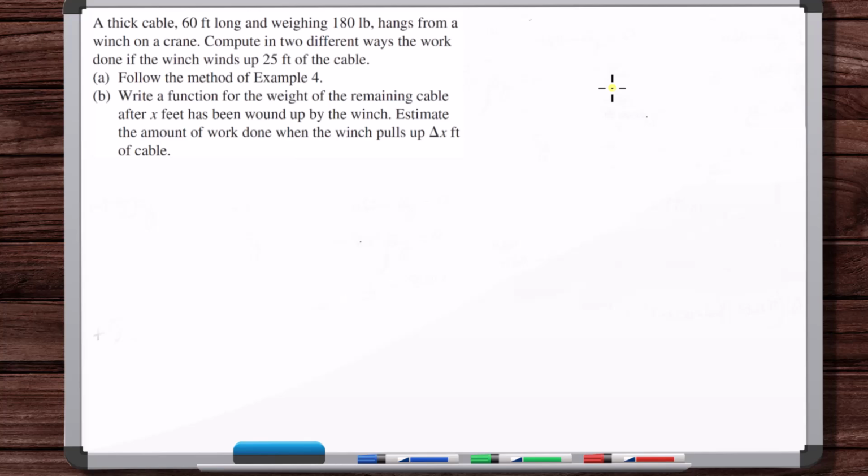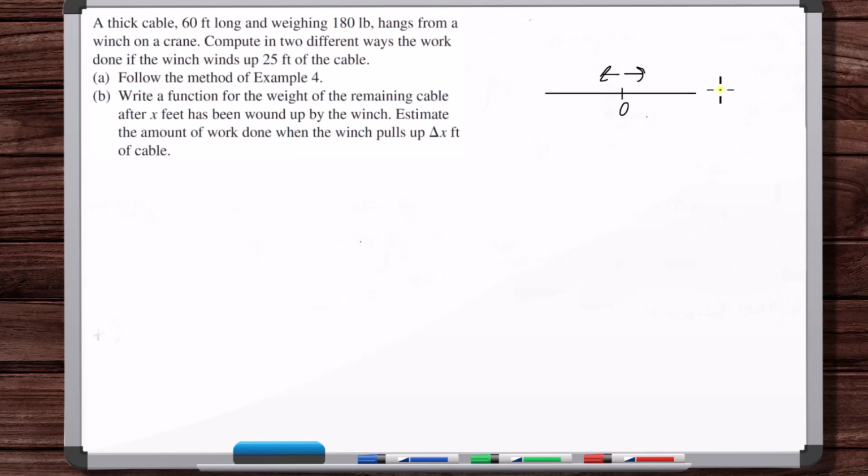But here in single variable calculus, we're looking at simplified cases where it's one-dimensional. So we're going to have just motion along a straight line. And along a straight line, you have the positive direction or the negative direction. A lot of times we're only going to consider the positive direction, or just one direction. So the motion is along a straight line.